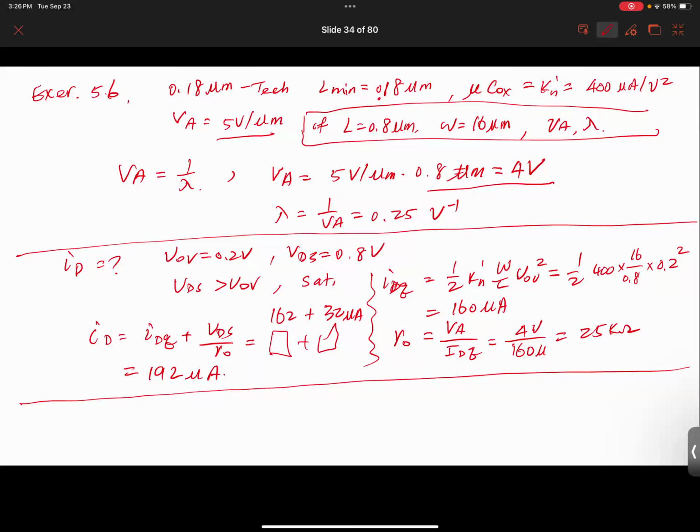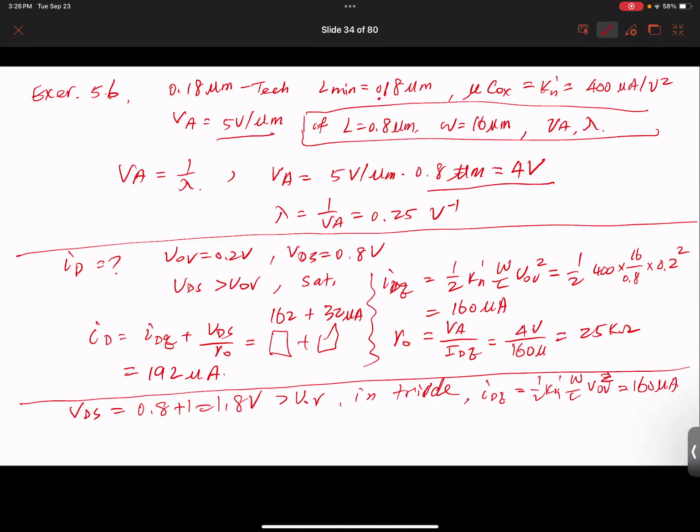The next question asks what happens if VDS is increased by 1 volt. It means VDS is going to be 0.8 plus 1, which is 1.8 volts. Apparently, this is still larger than VOV, so still in saturation, right? And IDQ doesn't change, because it's 1/2 Kn prime W over L VOV squared, and VOV didn't change, so this stays 160 microamps.